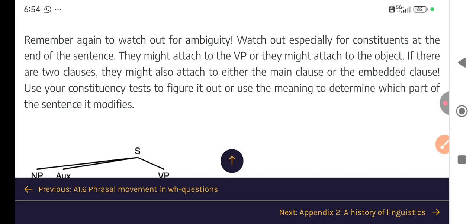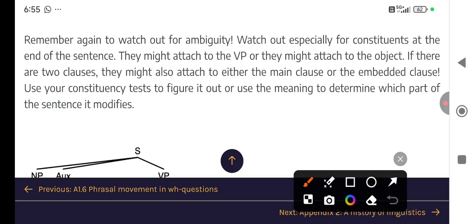Remember again to watch out for ambiguity. Watch out especially for constituents at the end of the sentence. If you see ambiguity in a sentence, watch out especially for constituents at the end of the sentence.